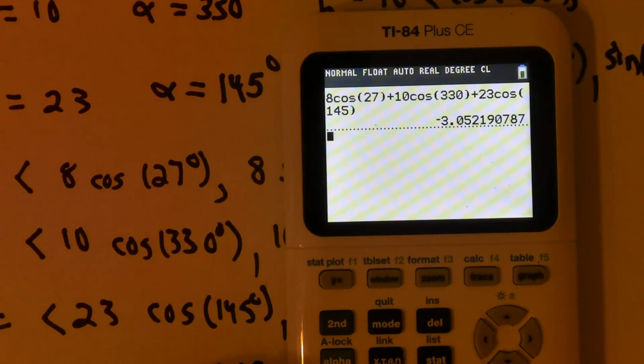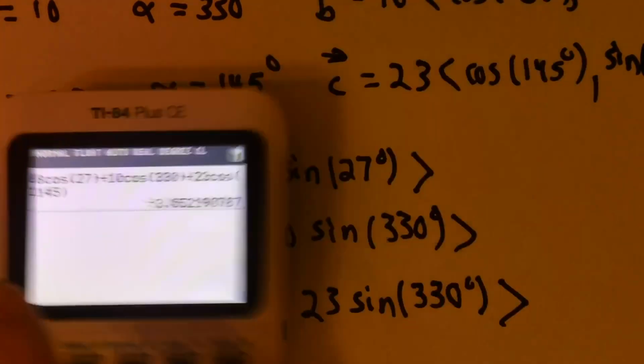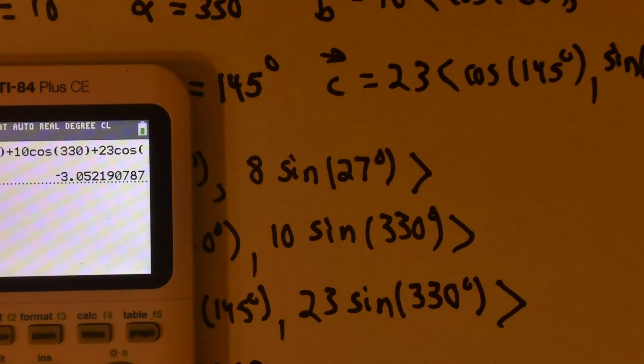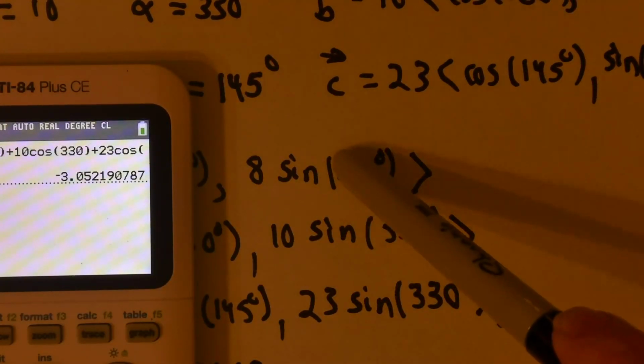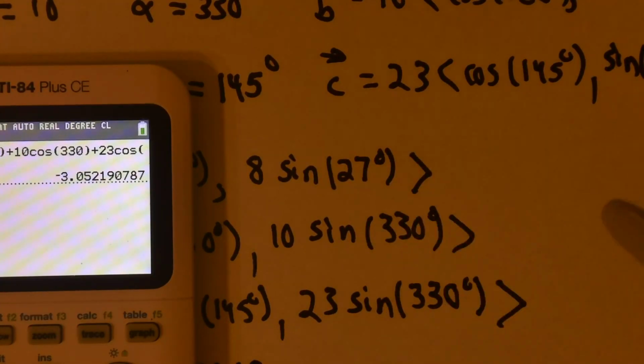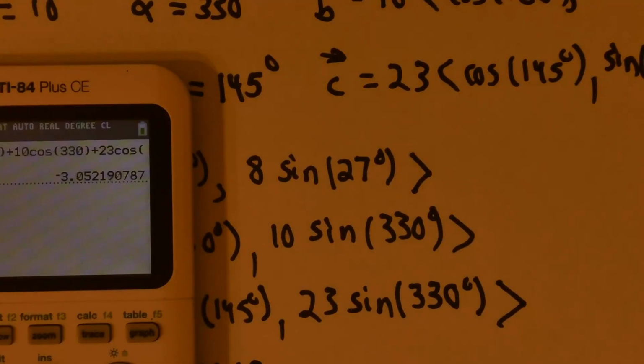05219, that is. To get the second component, I have to do the same calculation, except instead of 8 cosine 27, 10 cosine 330, and 23 cosine 330, pardon me, 145, that is.